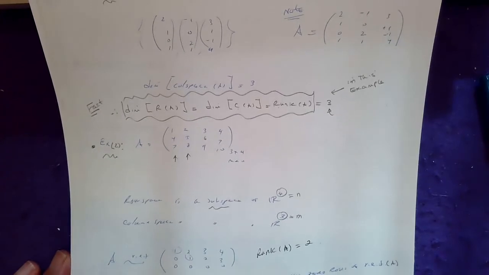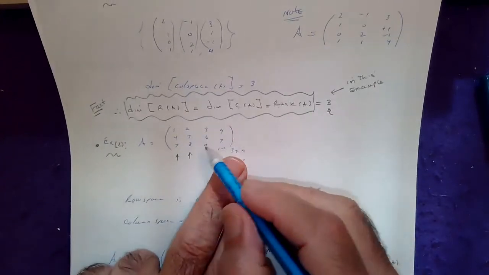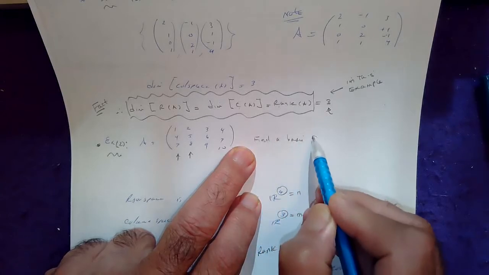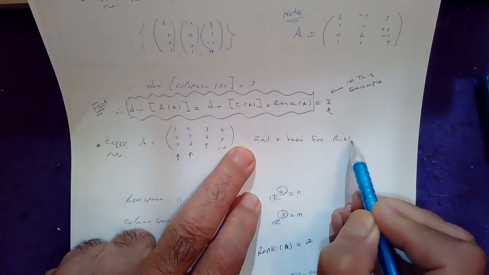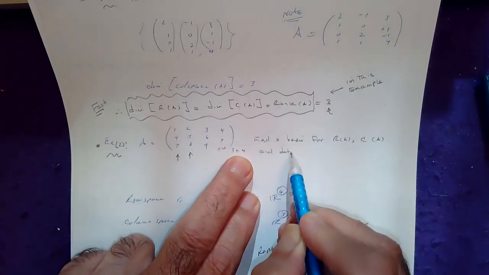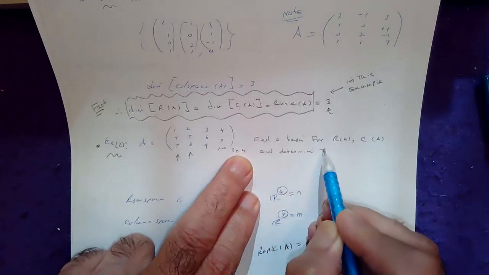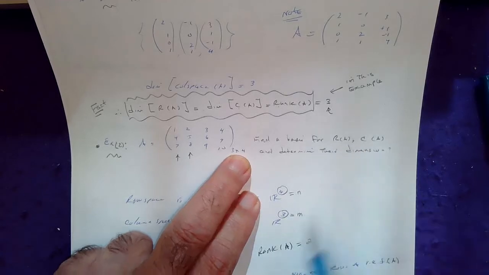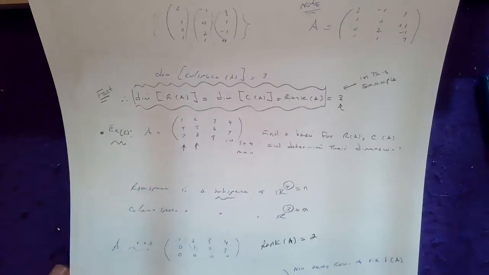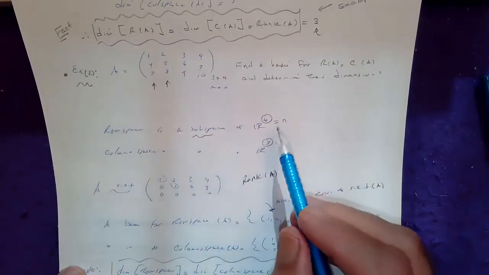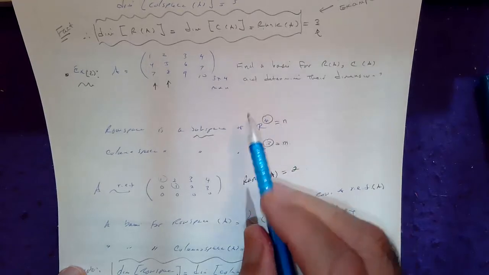So let me just do one more example to clarify how to find a basis. The question is, given this matrix, find a basis for the row space of A and the column space of A and determine their dimensions. Here's the matrix, it's 3 by 4. Keep in mind, once again, row space is a subspace of R4, which is the same as Rn.